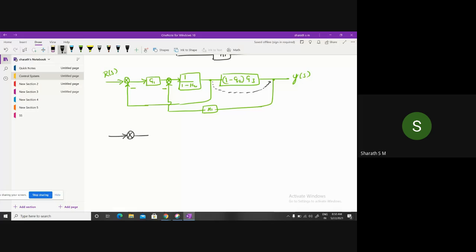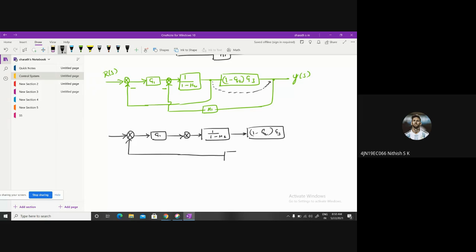What alteration do we make if we shift? Sir, 1 by 1 minus G1 to G3. Yeah. So once we shift the take off point from left to right, here we have a block alteration that is 1 over 1 minus G2 into G3.